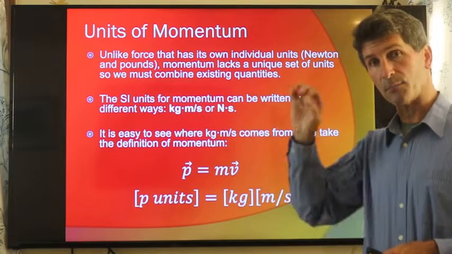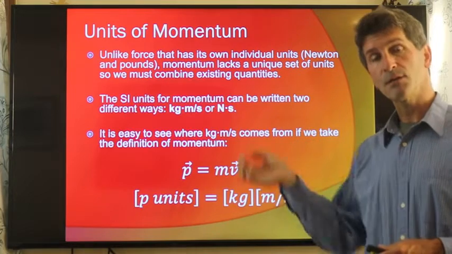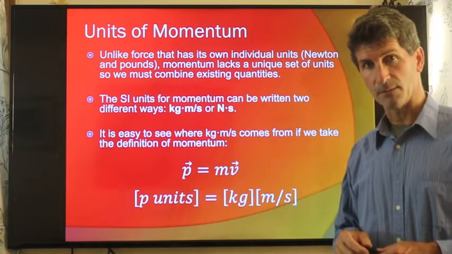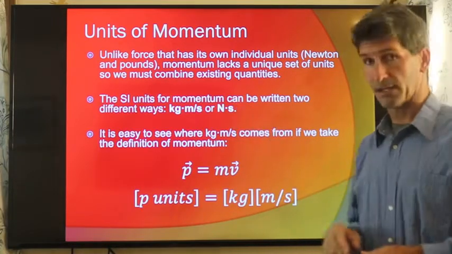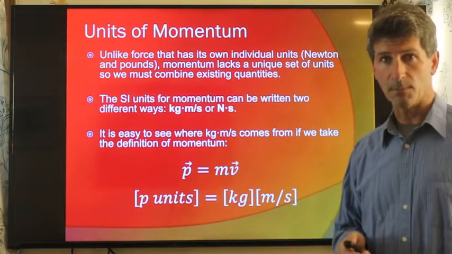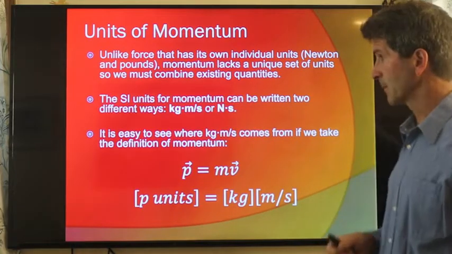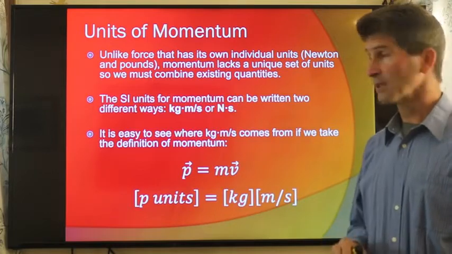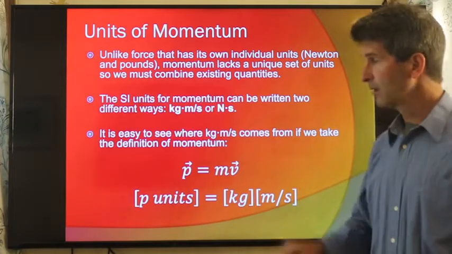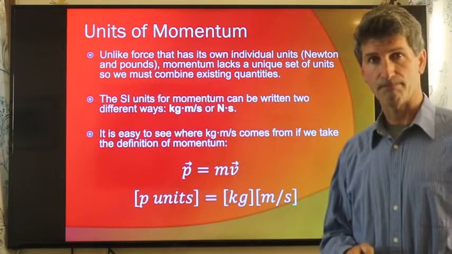To do that, you've got to bring in seconds outside of that because you're putting another seconds in the denominator. That leaves us with newton seconds, and that's going to be very important for impulse, which is the change in momentum. So momentum you can either write as kilograms meters per second for SI or newtons times seconds.